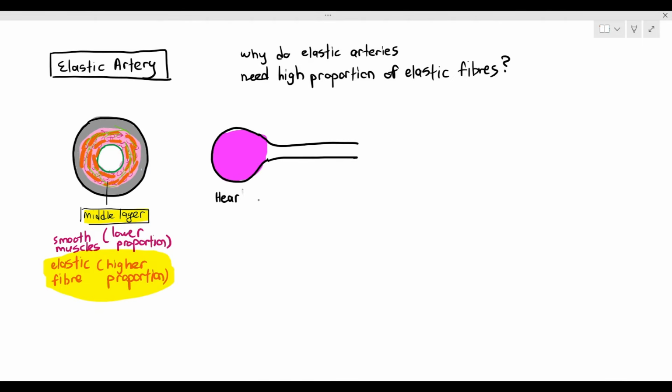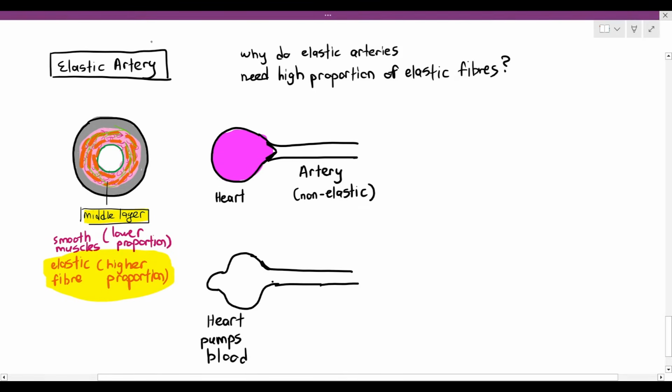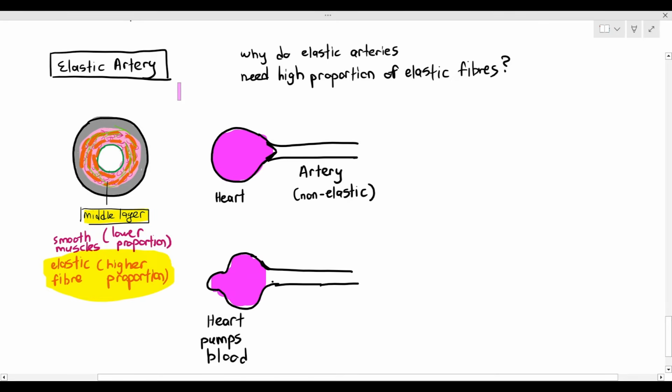Now imagine if the heart is connected to an artery that is non-elastic, which means to say it is not elastic. Why would this be a problem? This would be a problem because when the heart contracts to pump the blood into the artery, the pressure within the artery becomes very high because the blood is rushing into the artery. Okay?